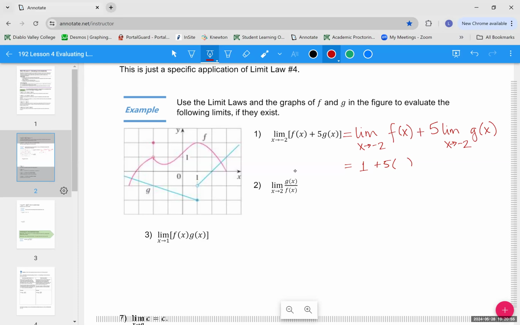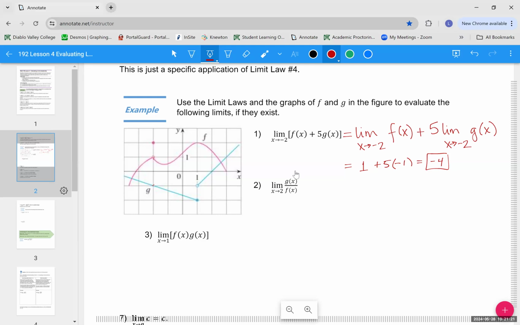And we'll do the same thing for finding the limit as x approaches -2 of g of x. So my x is going to be approaching the same value, but the g function is now this blue line. And it looks like, again, from both sides, those y values are approaching -1. So I would have a grand total of -4.